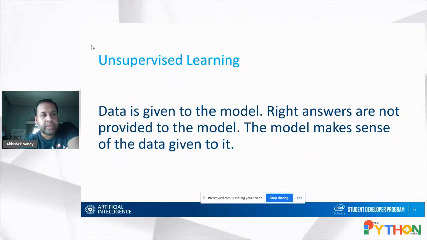Now, unsupervised learning. Data is given to the model, right, but answers are not provided, and the model makes sense of the data given to it. If we touch upon the clustering process, I mentioned that it was unsupervised learning. Why? Because the insight that needs to be taken was not given.